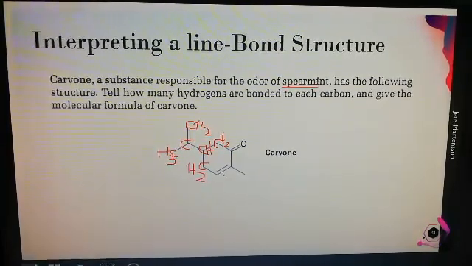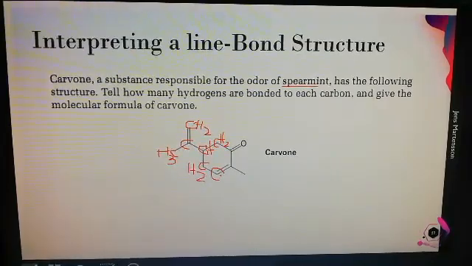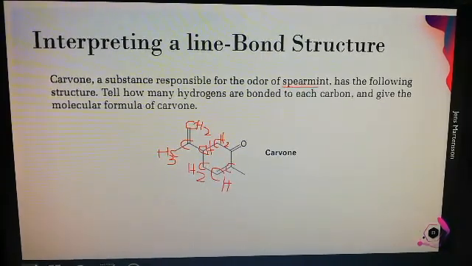Ayan. And this one naman, it already has 1, 2, 3. So, isang H na lang din. And on this one, letter C. So, double bond siya. 1, 2, 3, 4. So, no more H to be attached. This one naman, isang bond lang.